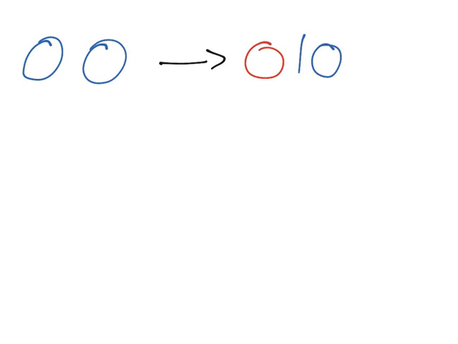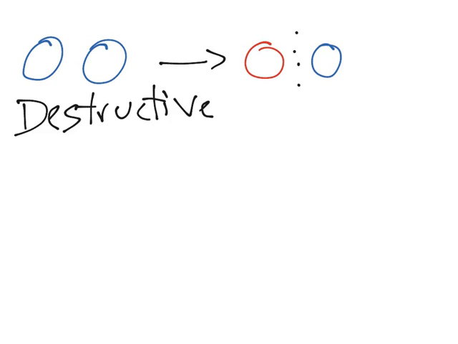So we had the two s orbitals. We subtracted them. And we formed a node between them. So we have a node, and this is what's called destructive interference.